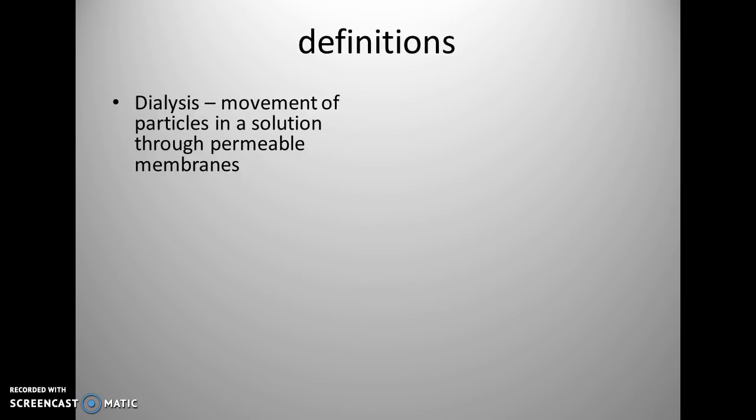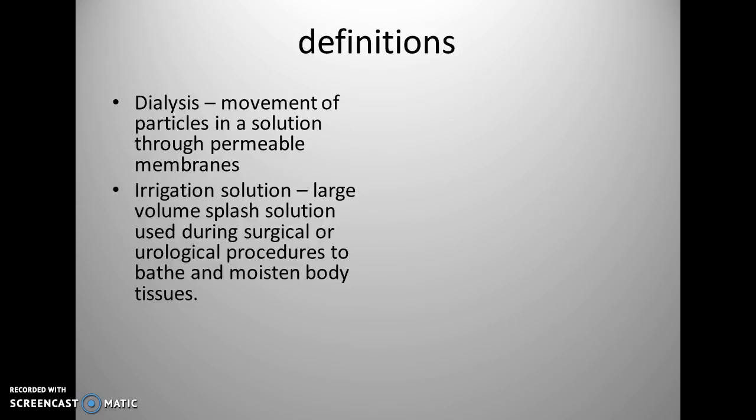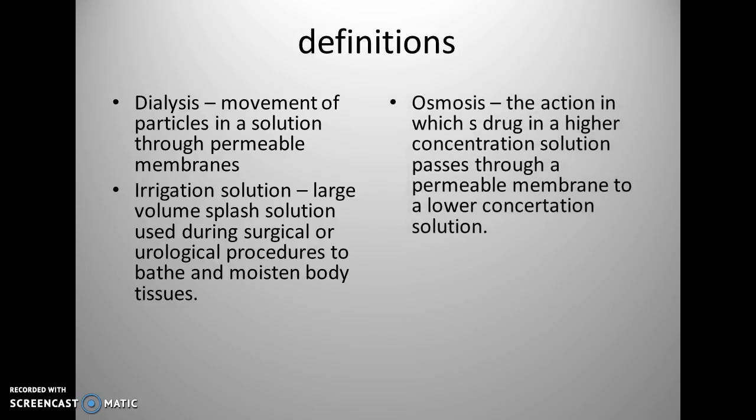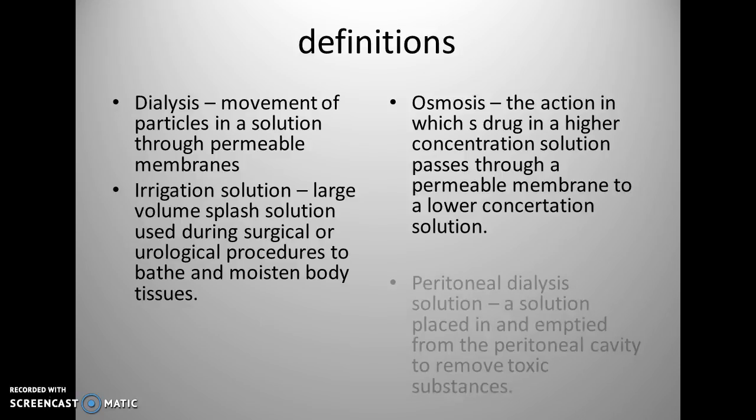All right, so let's go ahead and define a few words here. You have dialysis, movement of particles in a solution through permeable membranes. You have irrigation solution, a large volume splash solution used during surgical and urological procedures to moisten body tissue. You have osmosis, the action in which a drug in a higher concentration solution passes through a permeable membrane to a lower concentration solution.